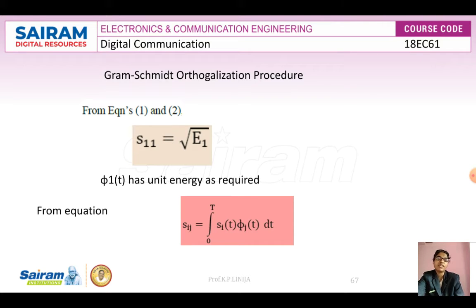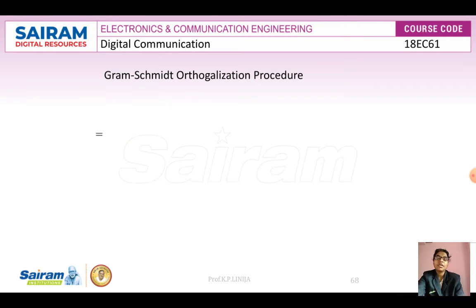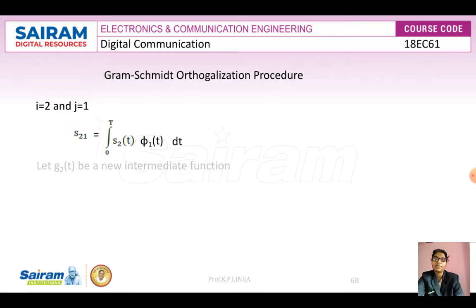This equation we already derived in the vector transmitter and Euclidean distance discussions, and we have taken it directly from there. If we substitute i equal to 2 and j equal to 1, we will get S21 is equal to integral 0 to T of S2 of t into phi 1 of t dt.